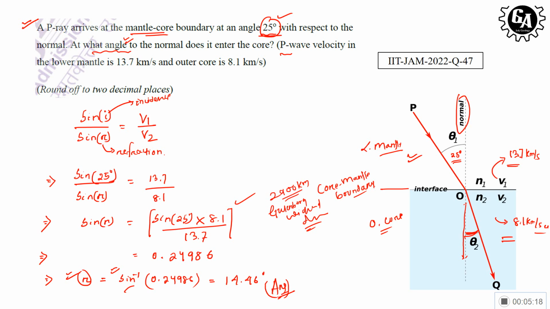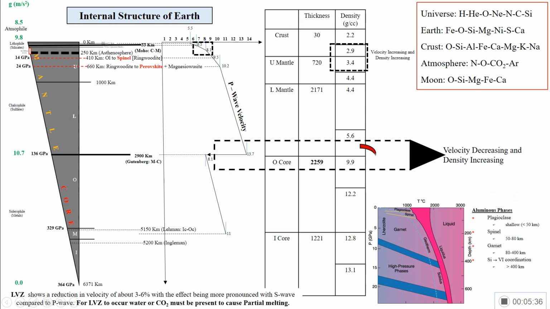If there are so many additions, subtractions, inverses, you just make yourself familiar, otherwise you will get in trouble during the exam. So what is the answer? 14.46 is your answer. So in this I have just used the core mantle boundary, and you just see that this is the internal structure of the earth.